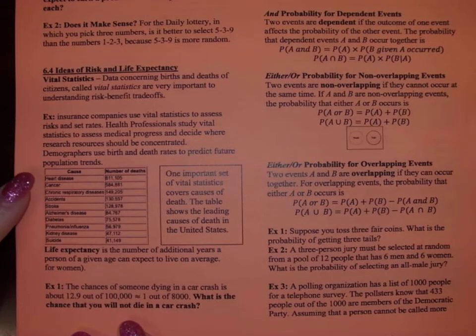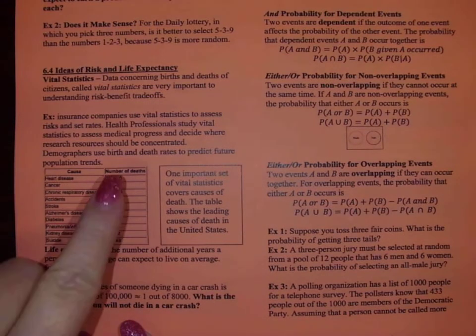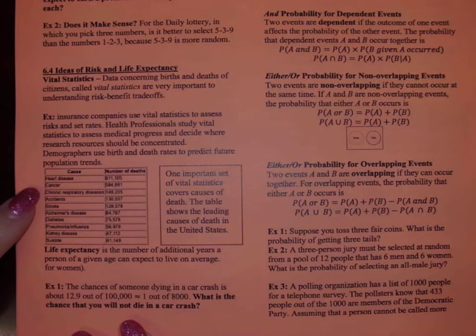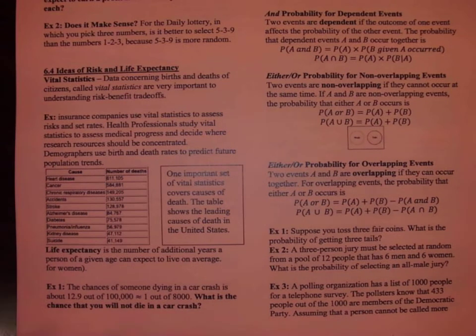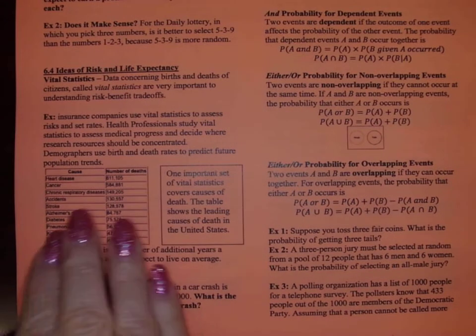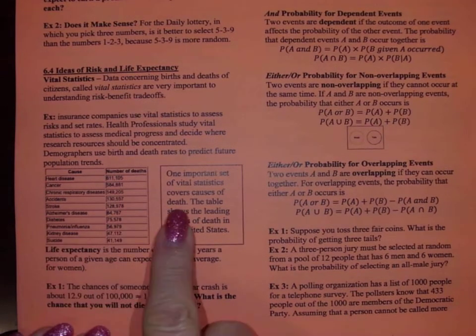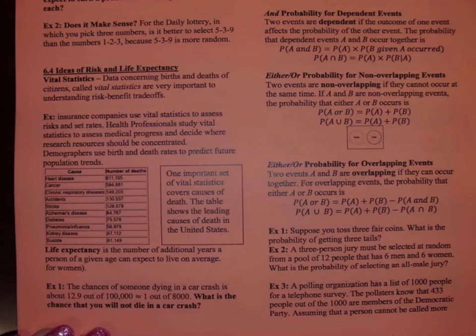So here's one about the cause and the number of deaths: heart disease, cancer, chronic respiratory disease, accident, stroke, Alzheimer's, diabetes, pneumonia or influenza, kidney disease, suicide. So this table is showing the leading causes of death in the United States.